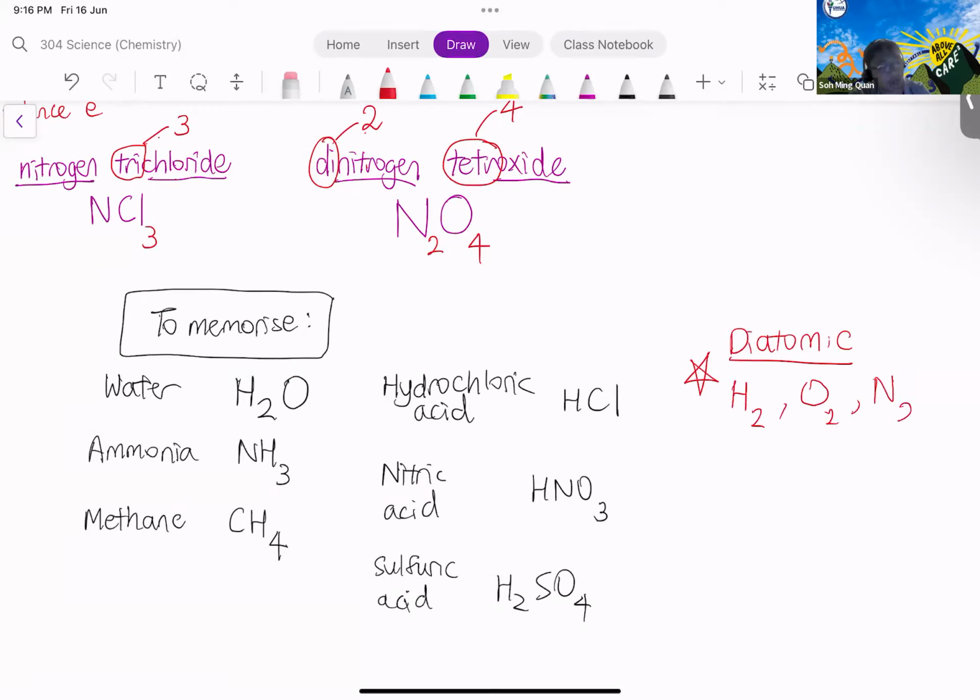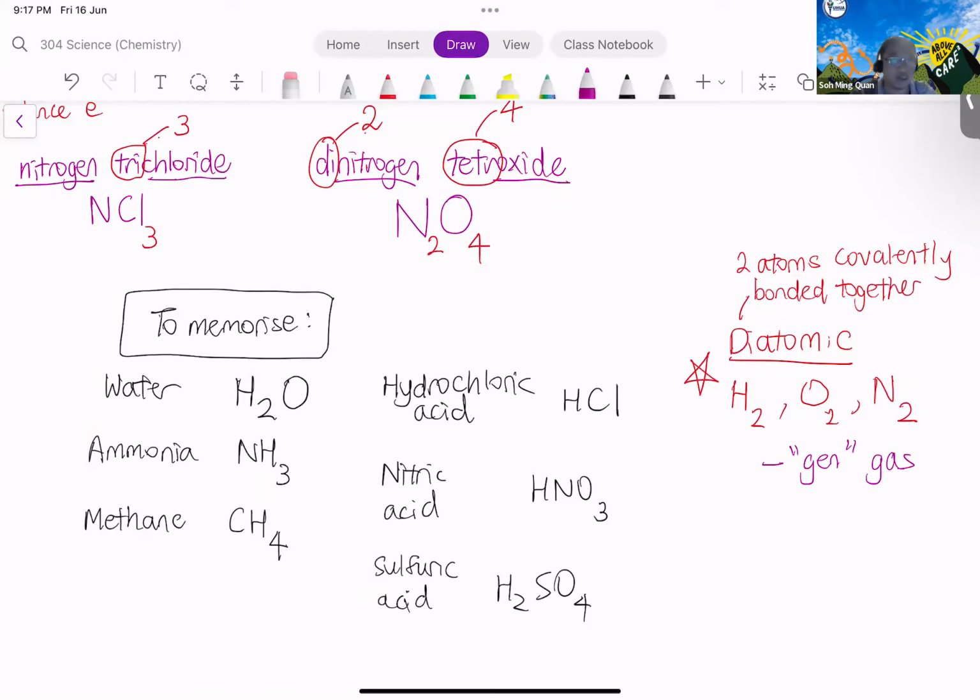For example, H2, O2, N2, these are diatomic. Right? So what is H2? Hydrogen. What's O2? Oxygen. What's N2? Nitrogen. So any of the gases ending in gen, hydrogen gas, oxygen gas, nitrogen gas, is diatomic.